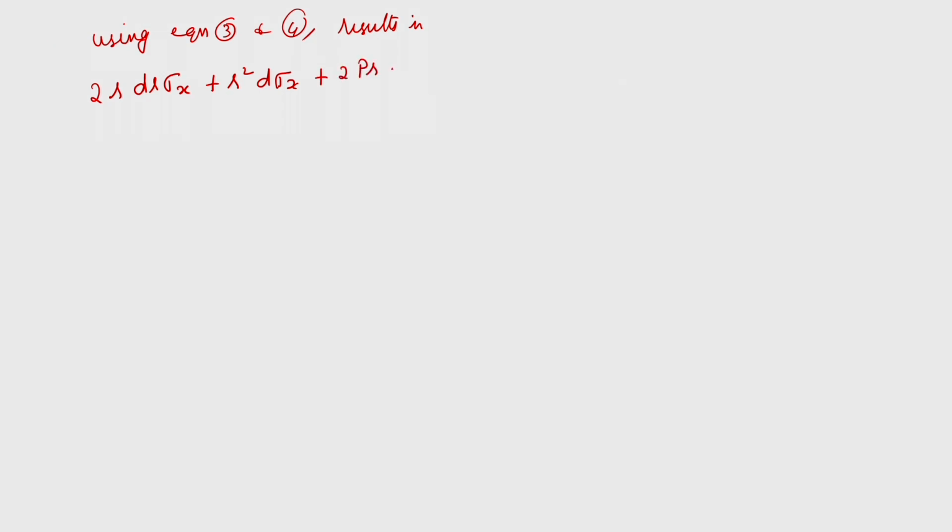Now, substituting equation 4 into equation 3, using equations 3 and 4, we will get 2r dr sigma x plus r square d sigma x plus 2 P r dr, 2 P into r dr, plus 2 r into tau into dr by tan alpha.